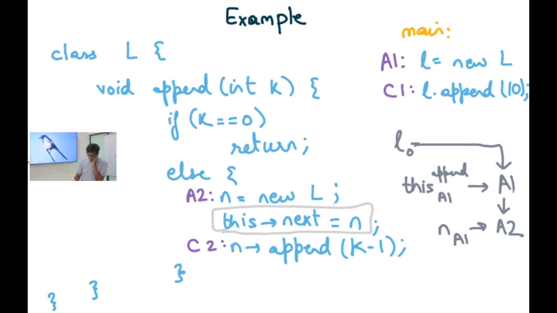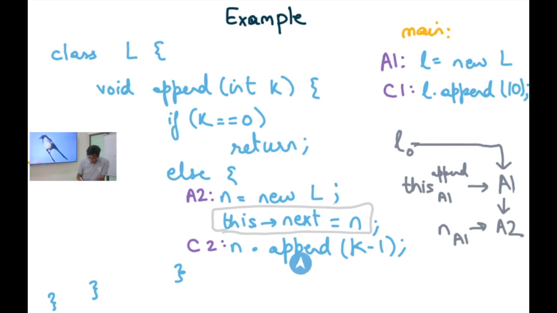Now, continuing this, I need to transfer across this next call site, which is n.append k minus 1. I'm sorry for this syntax. I'm kind of abusing syntax a little bit where I'm using arrow and dot interchangeably all through, doesn't matter.